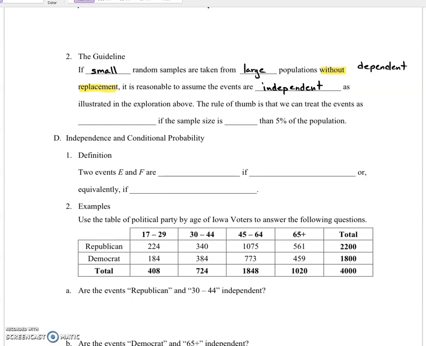Just like we showed above. So the rule of thumb about when we can treat dependent events as independent is if the sample size is less than 5% of the population.